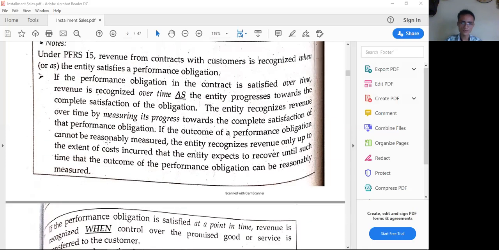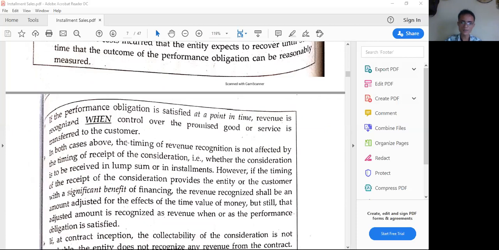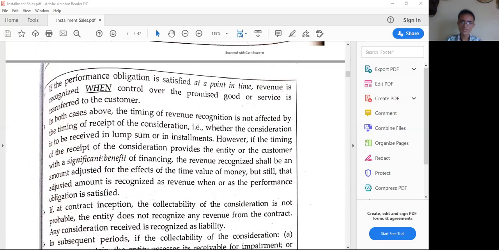Okay, but this is just a review of those provisions. First, if it is over time, it's based on progress. If it is at a point in time, there is a clear transfer of control, or relinquishing or releasing of control. Then the third part here is that if there is, for example, payment in installments and there is a promissory note, and that is going to be long term, then if it is non-interest bearing, remember, we are going to compute the present value.